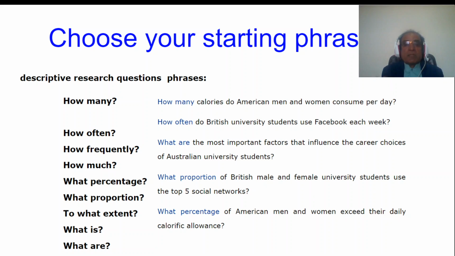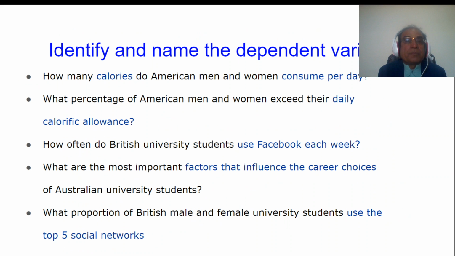And what percentage of American men and women exceed their daily caloric allowance? So phrases like how many, how often, what are, what proportion, and what percent are used when we start to construct the descriptive research question.